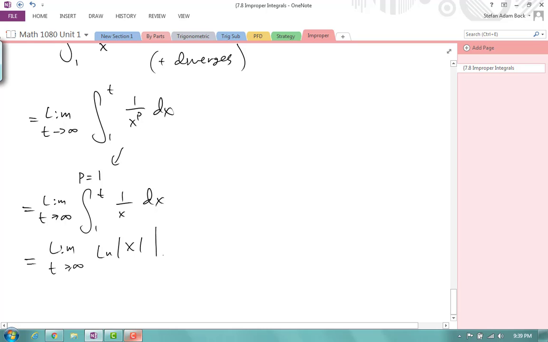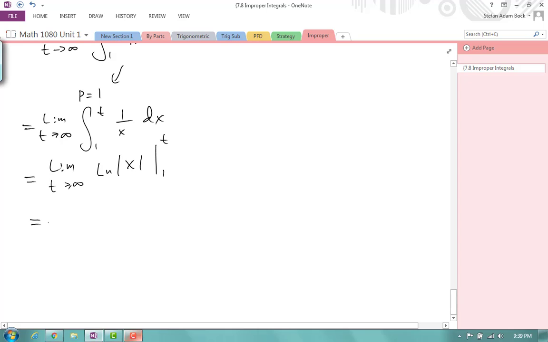And I'm going to evaluate this from 1 to t, but that's equal to the limit as t goes to infinity of the natural log of t, well, minus the natural log of 1, which is just 0. But this limit is still infinity. So this diverges.